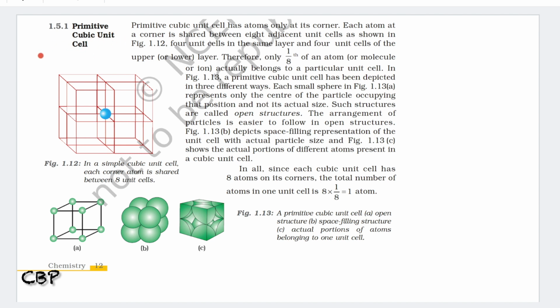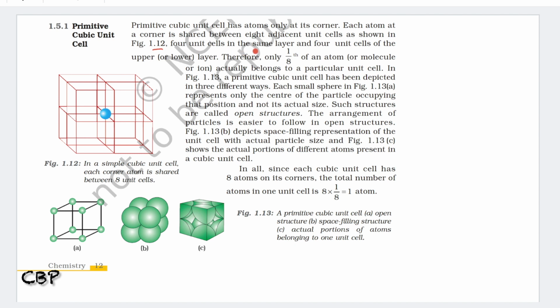In a primitive cubic unit cell, the constituent atoms are present at the corners of the unit cell. A primitive cubic unit cell has atoms only at its corners. Each atom at a corner is shared between 8 adjacent unit cells, as shown in figure 1.12.